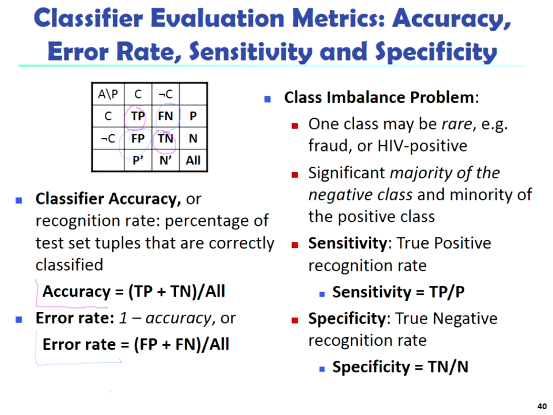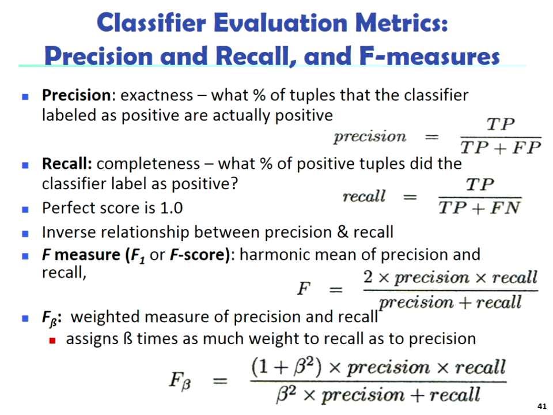Class imbalance problem: one class may be rare, for example fraud. So there is a significant majority of the negative class and a minority of the positive class. The sensitivity, or true positive recognition rate, equals TP divided by P. And specificity, or true negative recognition rate, equals TN divided by N.